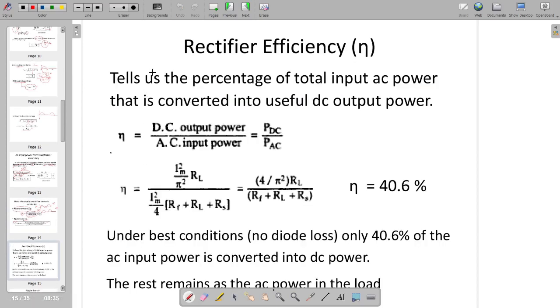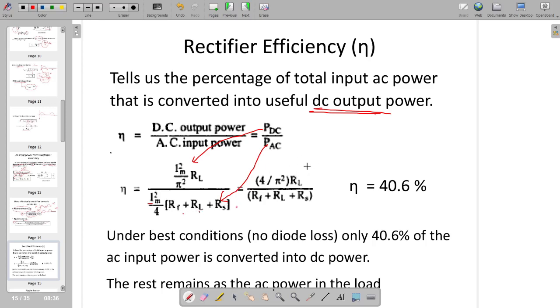Rectifier efficiency tells about how much of the input AC is converted into useful DC power. We calculated DC power, that is I_m square upon pi square into R_L, upon AC power as calculated in the previous slide, I_m square upon 4 into (R_F plus R_L plus R_S).